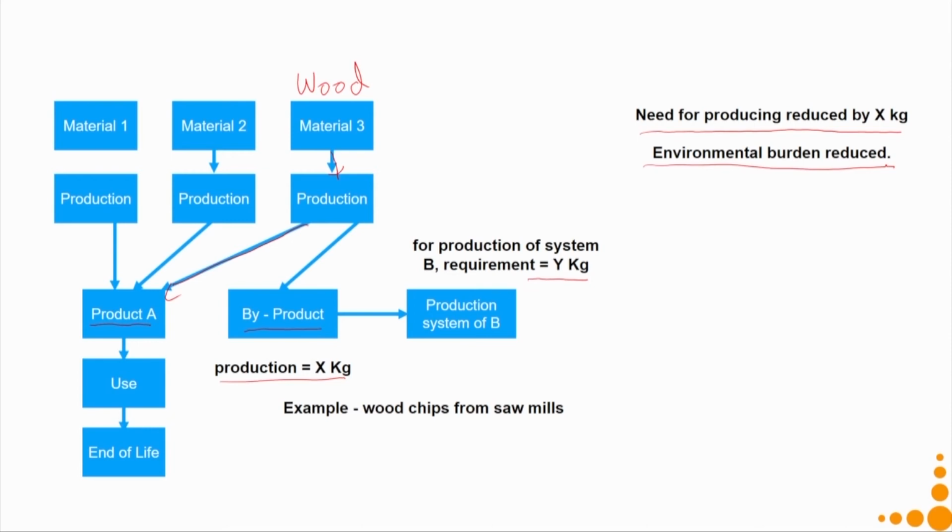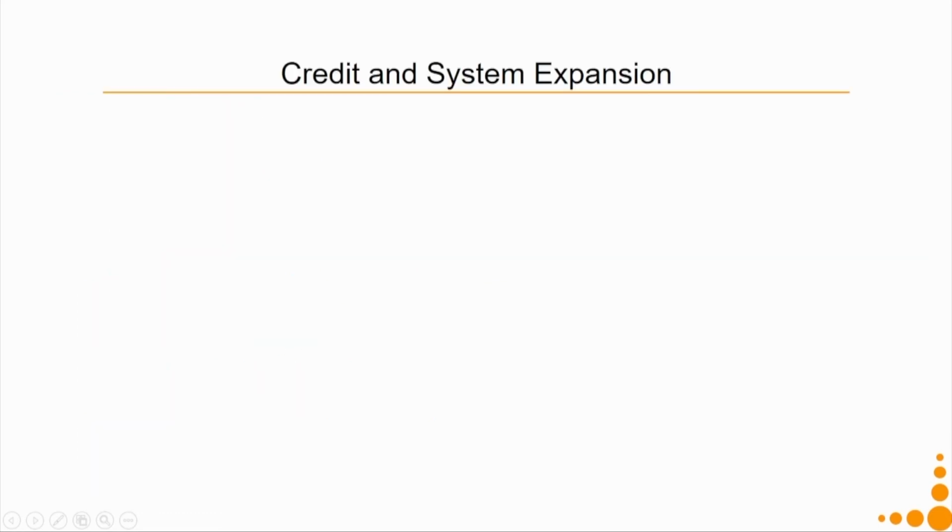reduced. Because I am using this byproduct, I am not throwing it away. As a result, my environmental burden of this whole system reduces by x kg of this byproduct. What it means is I can use this as a credit. All my eco burdens are my debits, and now I am using this byproduct in another production system, so that becomes a credit.